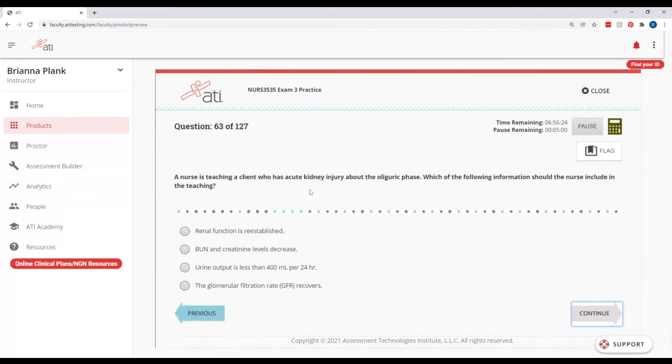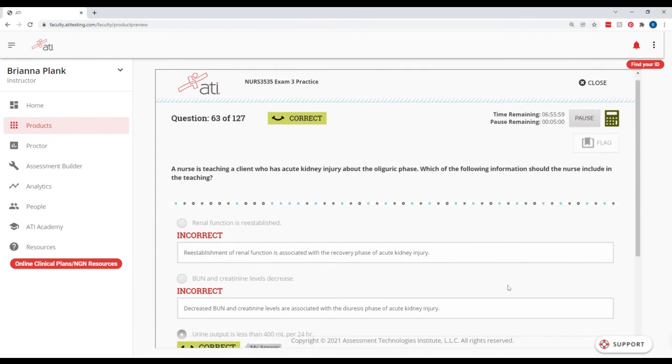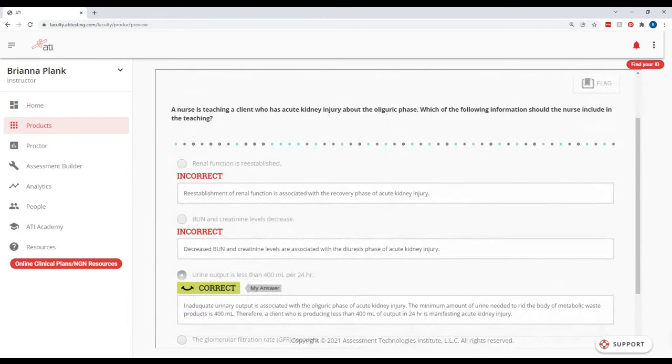Okay, we are in the oliguric phase of acute kidney injury. Which of the following information are we going to include in our teaching? So which of the following is true? So an oliguric phase, if you remember, oliguria is basically a little bit of urine output.